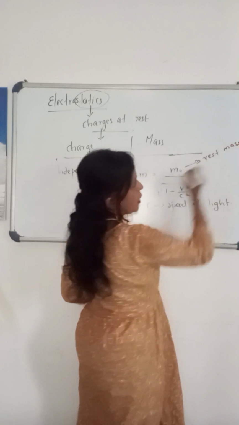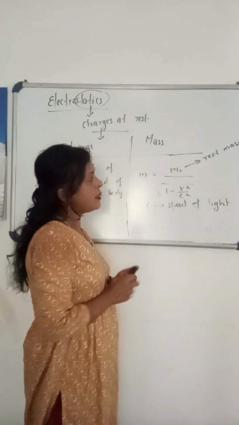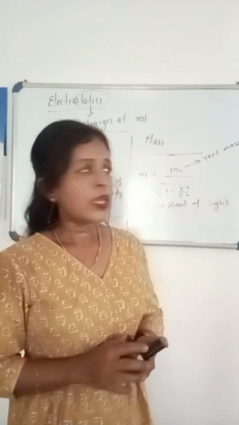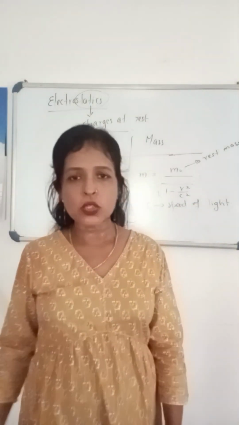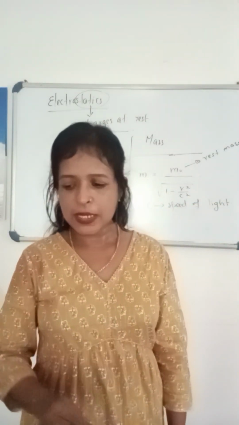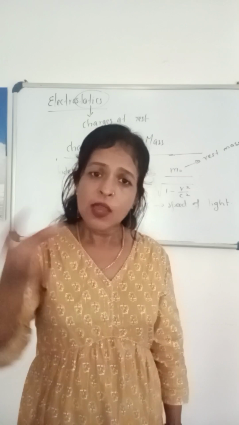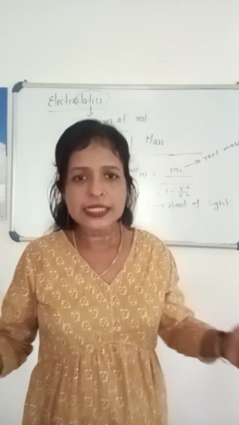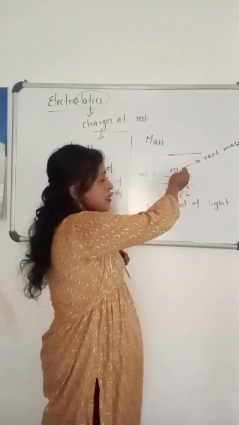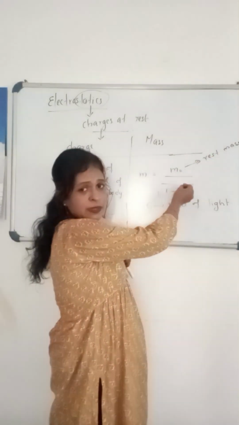Actually, in smaller classes you already learned the rest mass, but you learned it as the mass of the body. The rest mass means the mass of the body when its velocity, compared to the velocity of light, is very small.